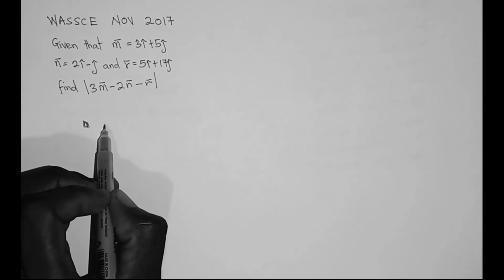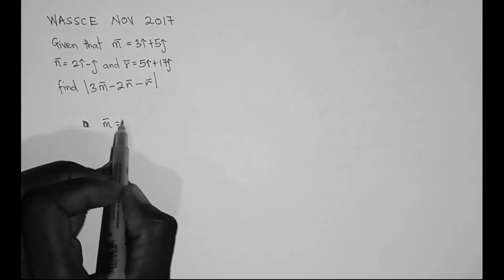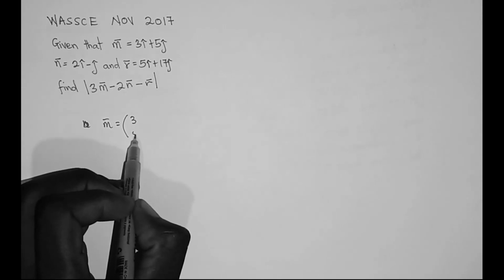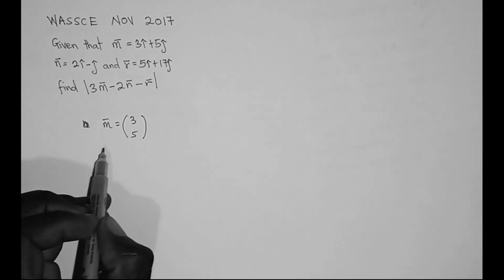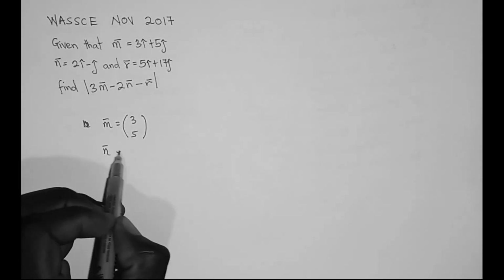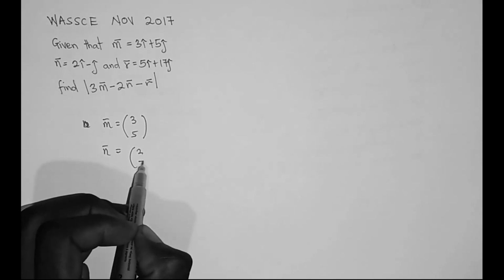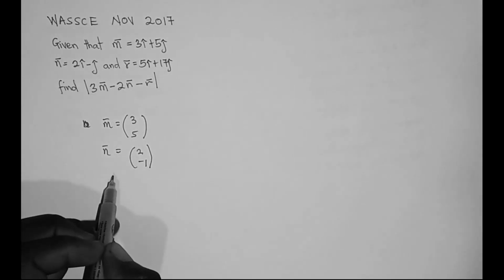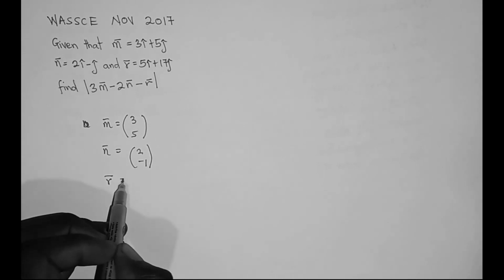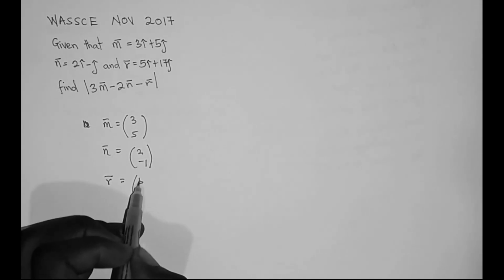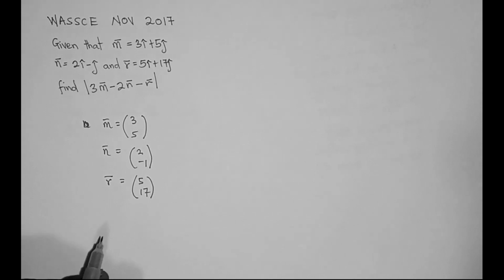So in terms of a column vector, vector M is equal to 3, 5, and then vector N is equal to 2, -1, and then vector R is equal to 5 and then 17.